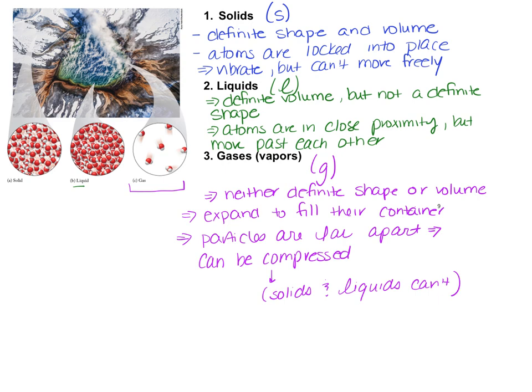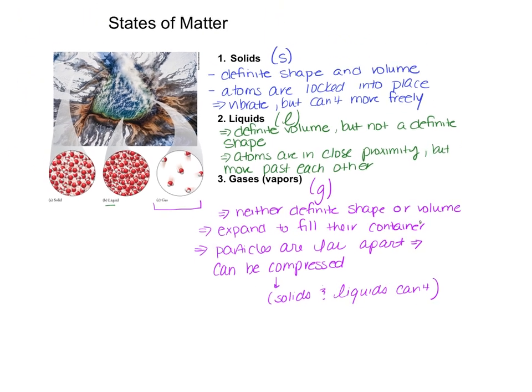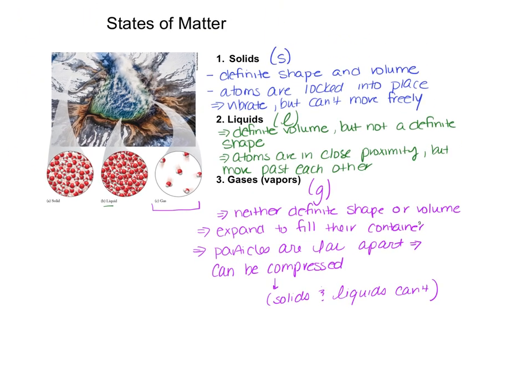Okay, so that is a big difference there. Now, we are also in class going to talk about plasma, but we'll cover that in class. Now, when there's a transformation from one state to another, that is called a phase change or a state change. And we are going to talk about that more in class.